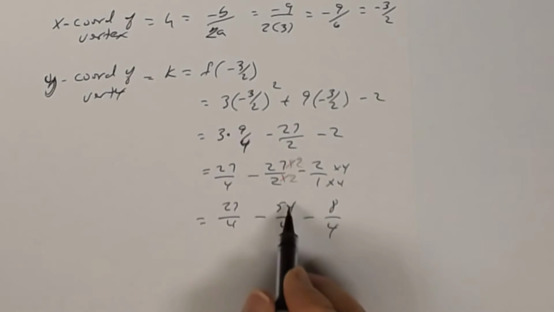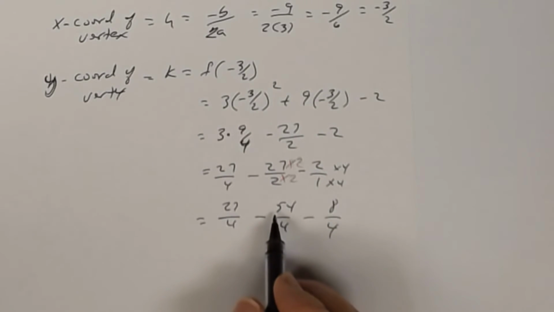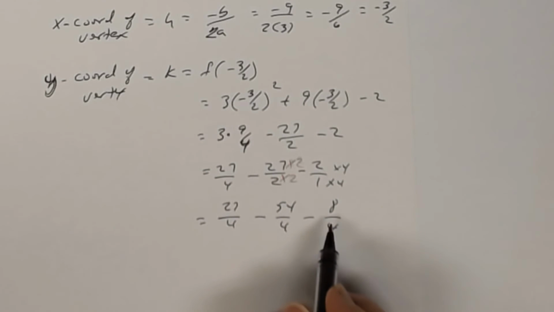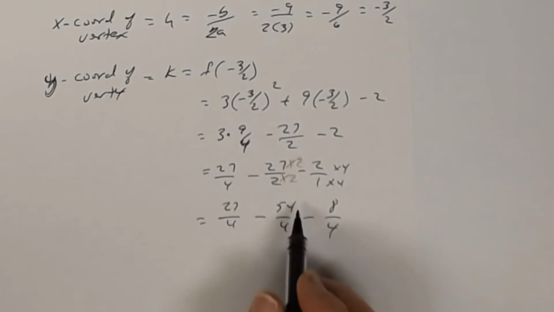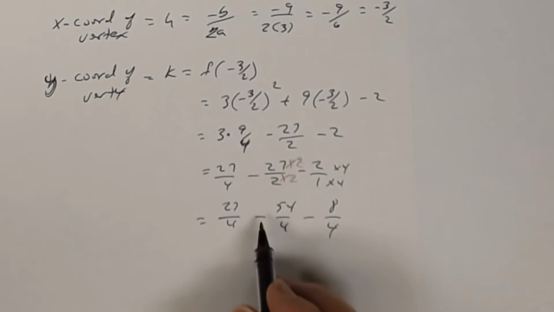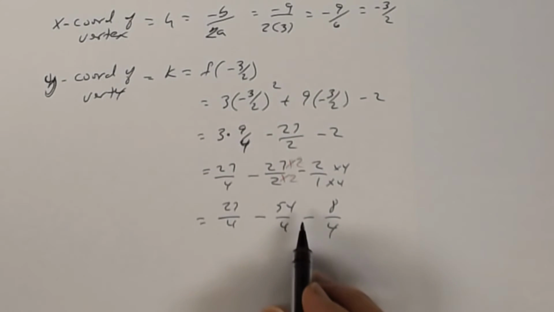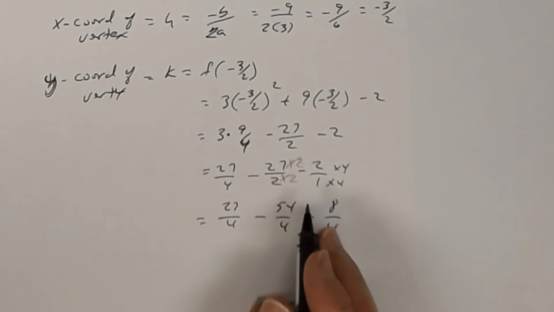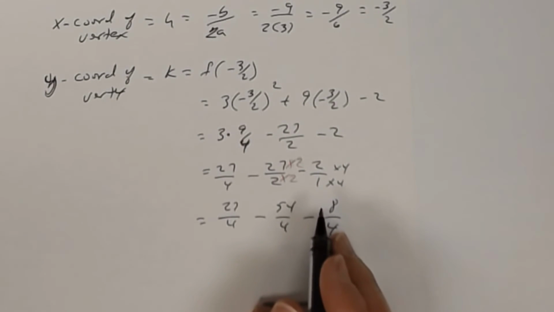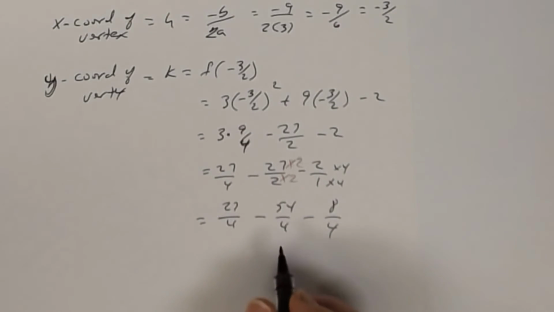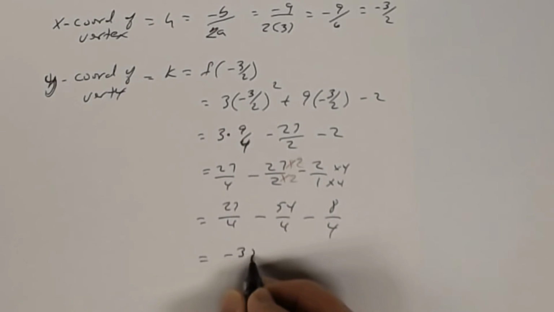So 27 and a negative 54 is a negative 27, right? Negative 27 and a negative 8 is negative 35. So you get negative 35 divided by 4.